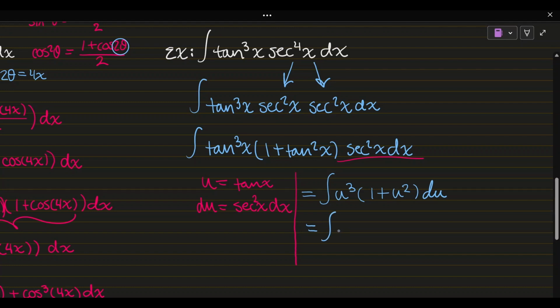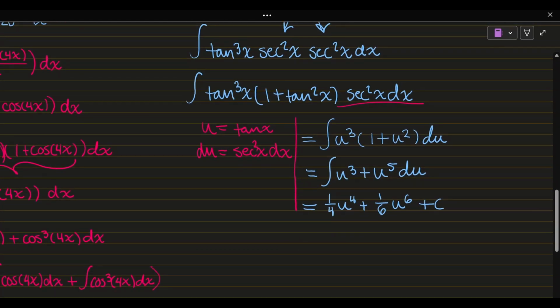This is just the integral of u cubed plus u to the 5th du, and that is 1/4 u to the 4th plus 1/6 u to the 6th plus c. Undoing my substitution, I get that this is 1/4 tangent to the 4th of x plus 1/6 tangent to the 6th of x plus c.